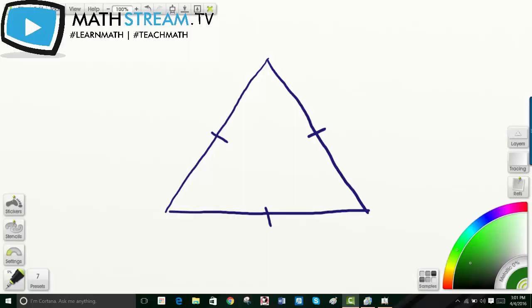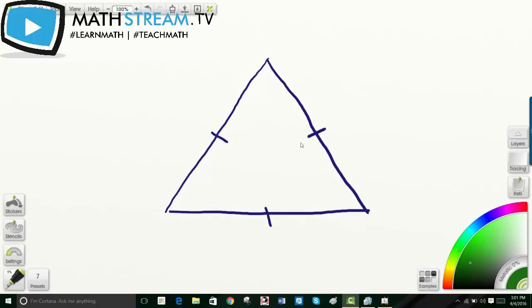Now again, in geometry, because our images are subject to the error of the drawer, that would be me, you may not be able to just look at it and take a tape measure and find that all sides are equal, because I might have messed them up a little bit. However, you can see these little hash marks here.